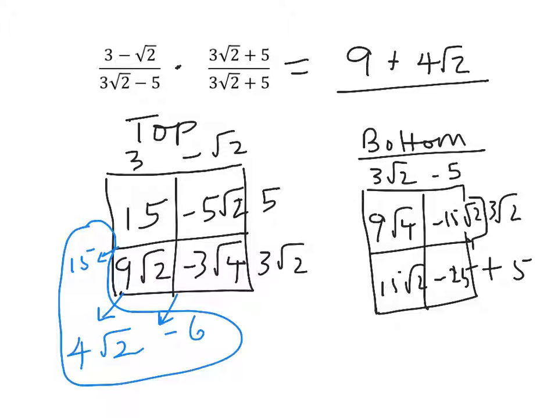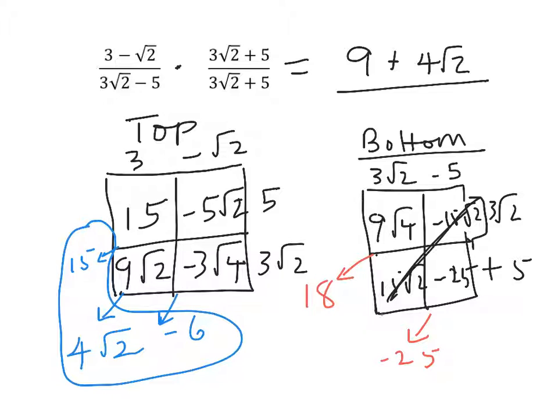This 15 root 2 and negative 15 root 2 are going to cancel out. We know that for sure. And 9 times 2 will be 18. So this is going to come out as 18, and this is going to come out as negative 25.